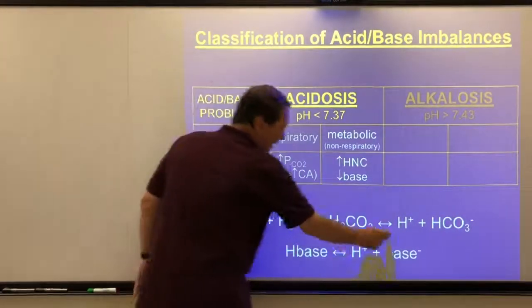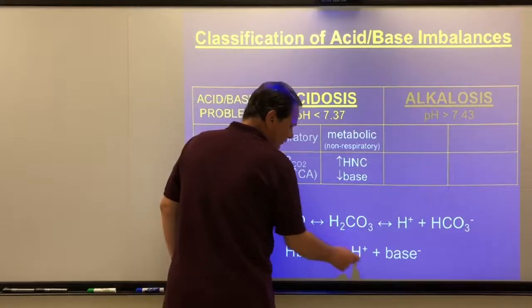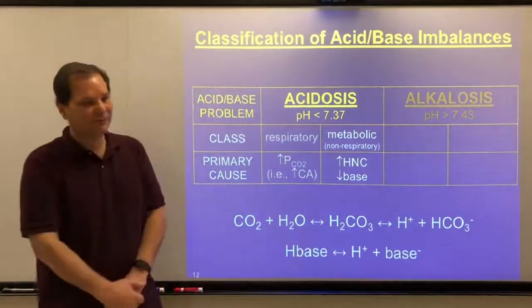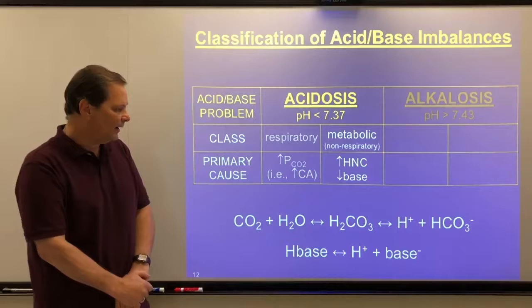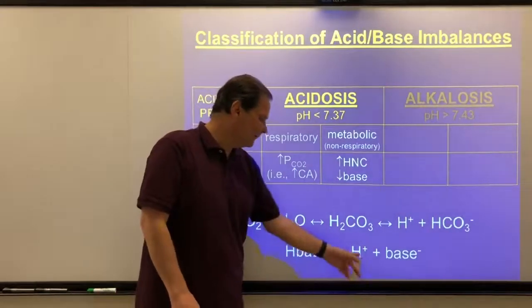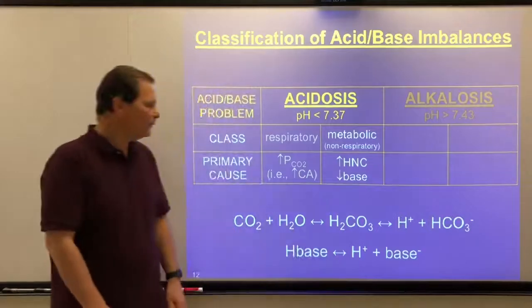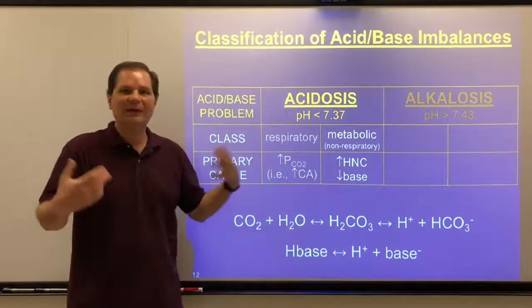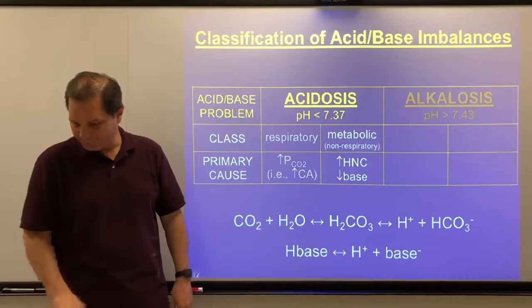If you lose this base, you're going to pull this equation to the right, you're going to increase the amount of free hydrogen ions. And of course, if you just add more H base, you'll generate more hydrogen ions as well. Okay, so that's a non-respiratory, a metabolic acidosis.